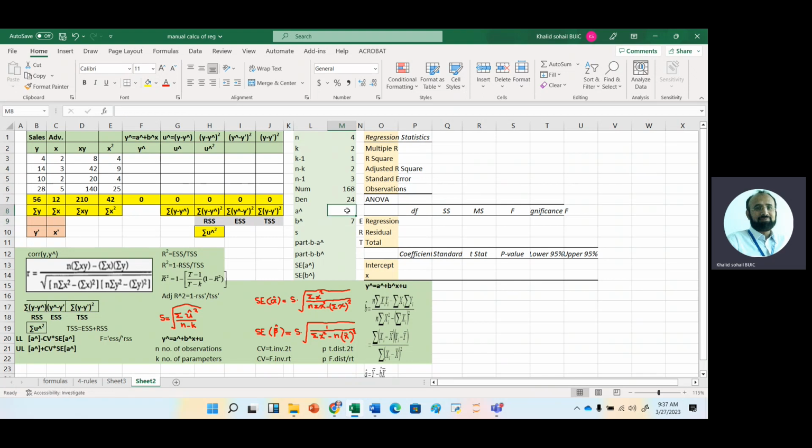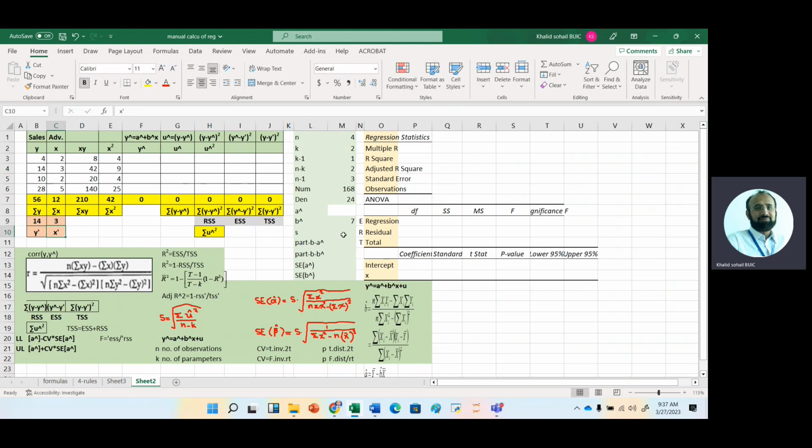And now I will calculate alpha hat, and alpha hat is basically y bar minus beta x bar. So first we calculate y bar here. Y bar is summation y divided by the number of observations, basically the average, and x bar is the average of x, that is 12 divided by 4.